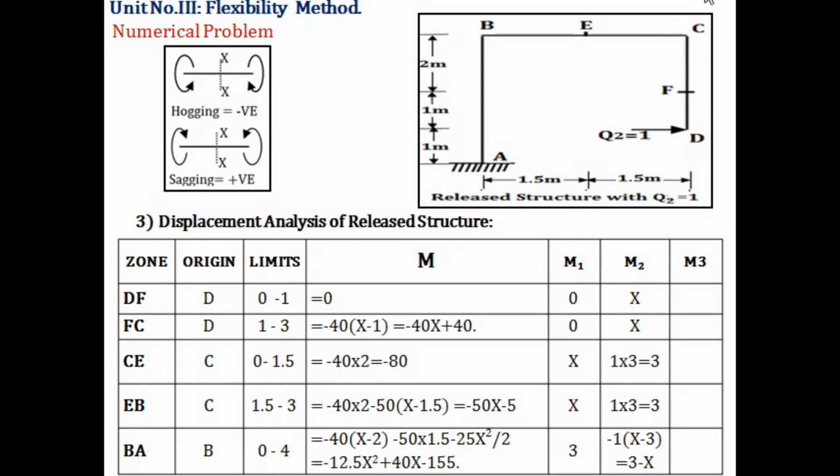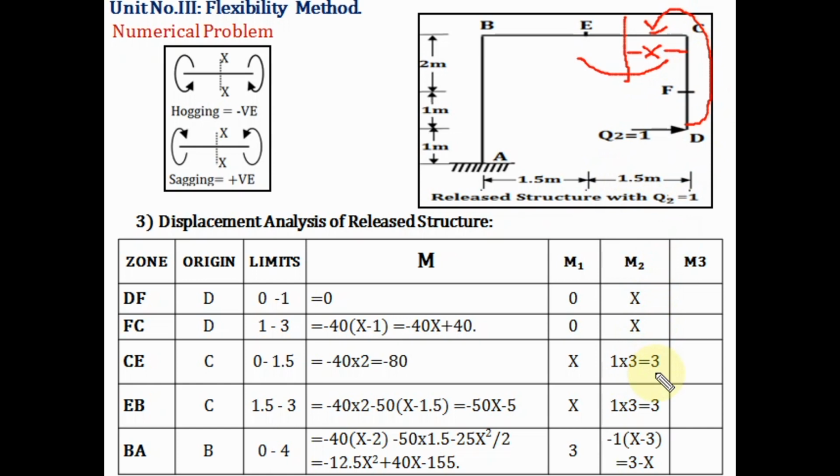Now next we'll take the section in portion EC, measure x from point C. Now this force will act like this. The nature of bending moment will be sagging, so plus. Here this distance CD is complete now, so 1 multiplied by this distance, that is 3.